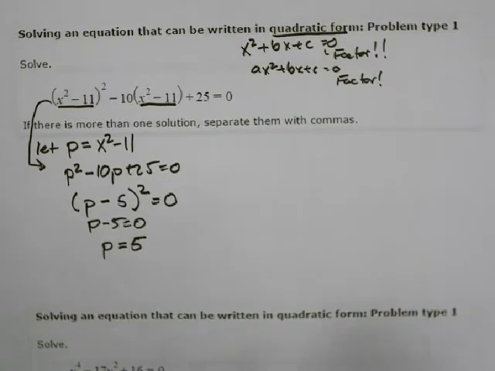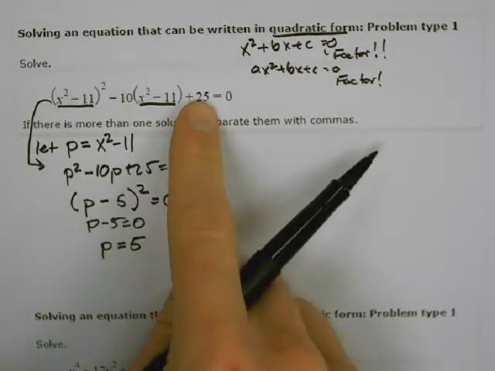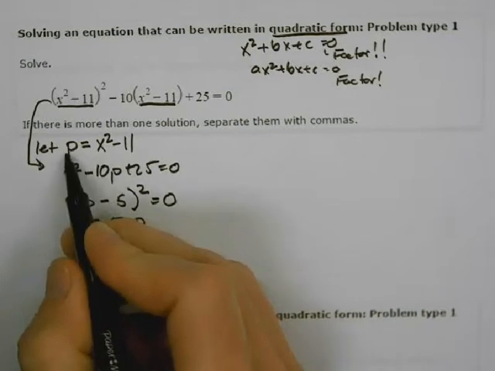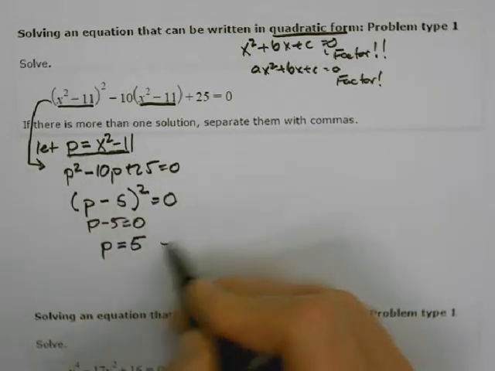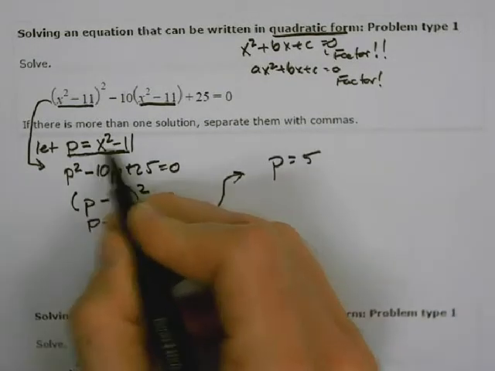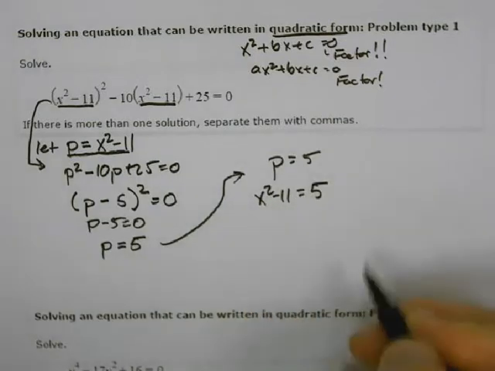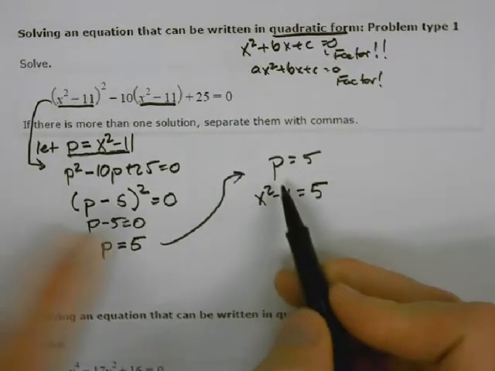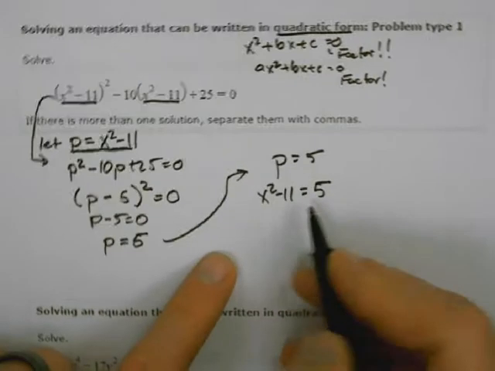Now don't think you're done, because we know p is 5, but we didn't answer the original equation. I'm going to go back to what I said here. p is really x squared minus 11. So instead of p equals 5, it's x squared minus 11 equals 5. I'm substituting back my original expression now that I have this solved.